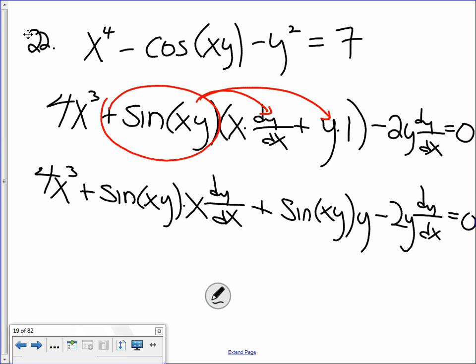Now we want the dy dx terms on one side and every term that doesn't have a dy dx to go to the other side. The terms that have a dy dx that we're going to keep on the left are this one and this one. The two that we have to move by adding their opposites are this one and this one. Those will subtract; the ones I've underlined in red will move to the other side. That way, all the terms on the left will have a dy dx, which we can factor out.